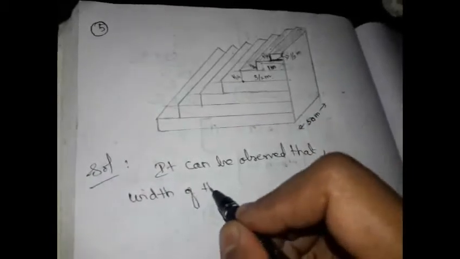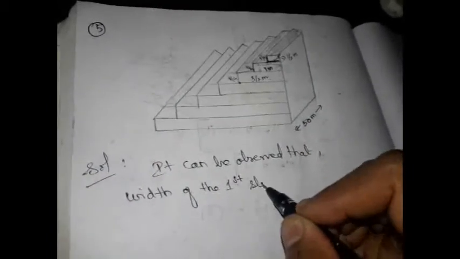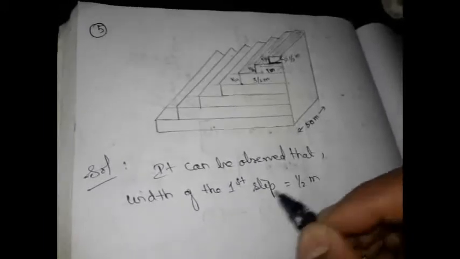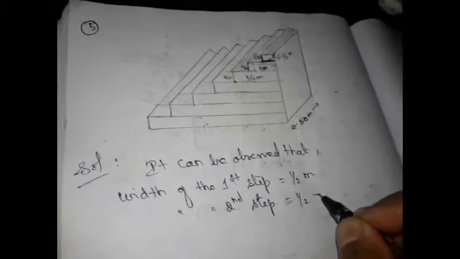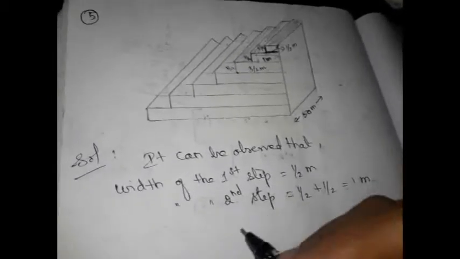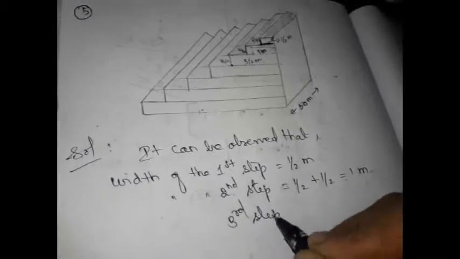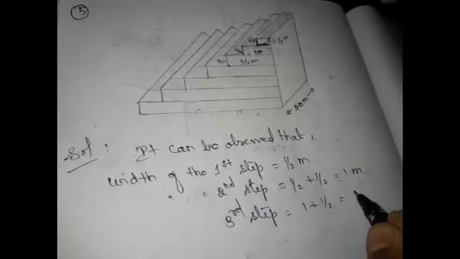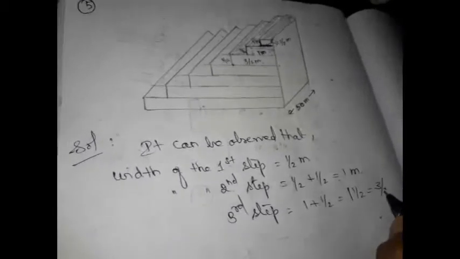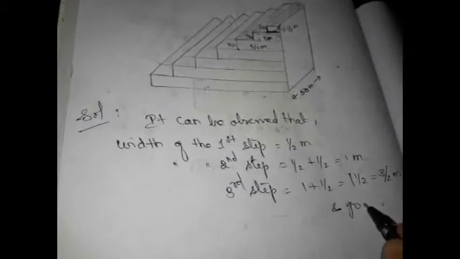First let us write, it can be observed that the width of the first step is equal to half meter, then the width of the second step is half plus half, which is equal to 1 meter, then the width of the third step is going to be 1 plus half, which is equal to 1.5, which is nothing but 3 by 2 meter, and so on.